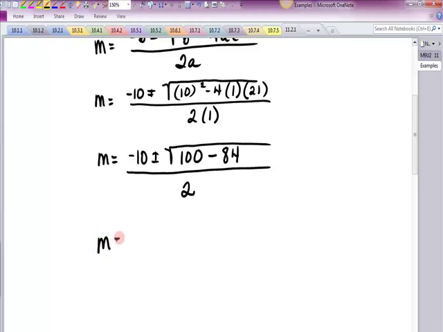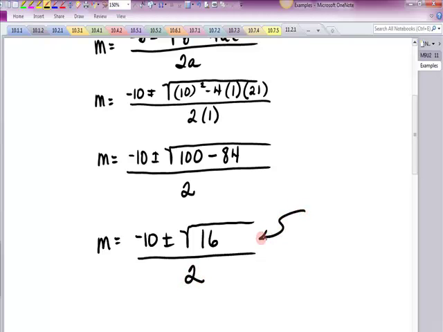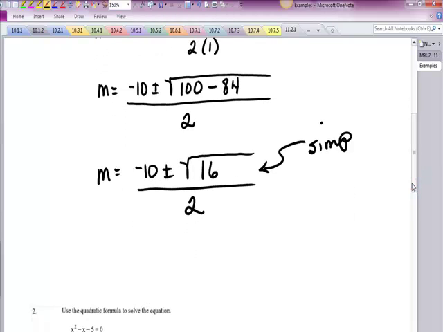So I have m is equal to negative 10 plus or minus the square root of 100 minus 84 is 16 all over 2. And now, and I guess you're getting used to me asking this question, once a radical creeps into the problem, you say, can I simplify it? The answer here is yes, because that is a perfect square.